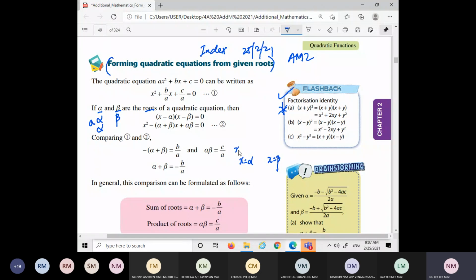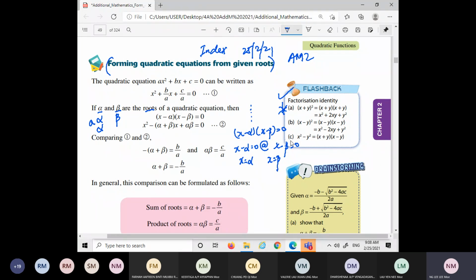Always it is x minus alpha equals 0, and x minus beta equals 0. And what is the line before this? Always it will be x minus alpha bracket x minus beta equals 0. Actually this comes from the factorization. You start from the quadratic equation, then you factorize, then you come to this.